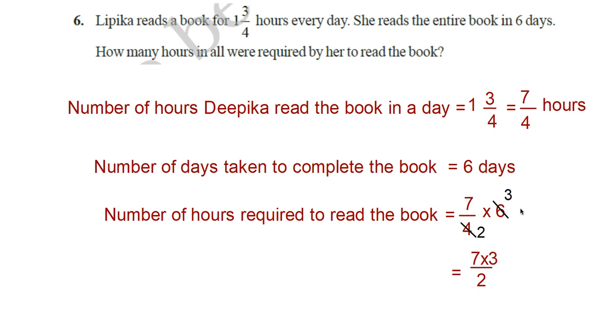In 6, 3 times, in 4, 2 times. So it is 7 into 3 by 2, which is 21 by 2, and while making it into a mixed fraction it will be 10 1 by 2 hours.